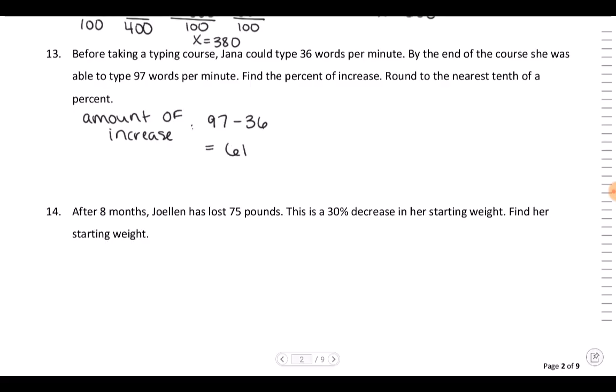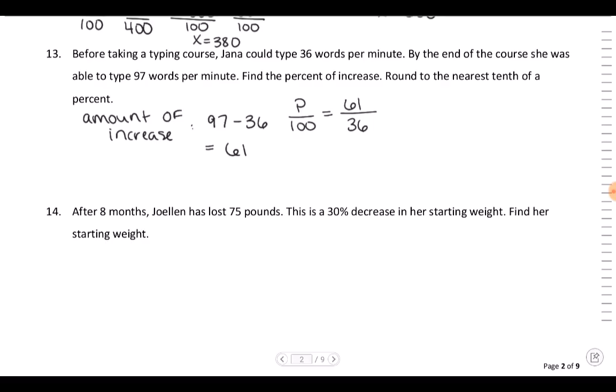Now, if I want to know what is the percent of increase, there's a couple ways you can do this, but we could set it up as a proportion and find it that way. So if we take P over 100% of, and then the amount of the increase would go on the top, over the original amount on the bottom.